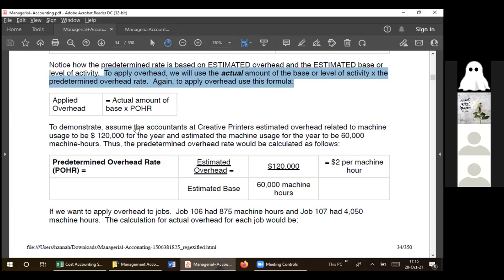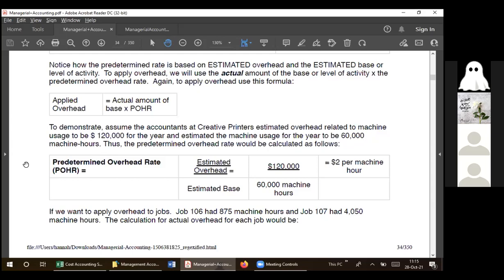So the example here says, let's say Creative Printers estimated an overhead related to machine usage. They think machinery usage costs them $120,000 every year. And the estimated machine usage for the year is 60,000 machine hours.